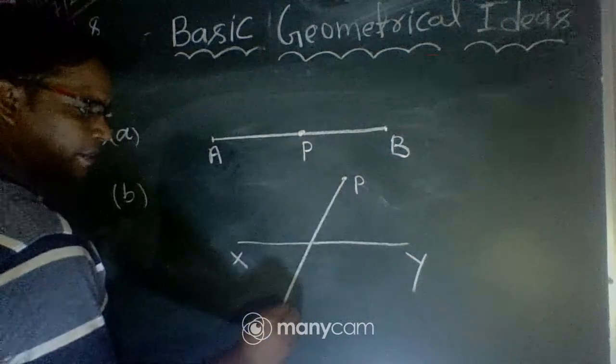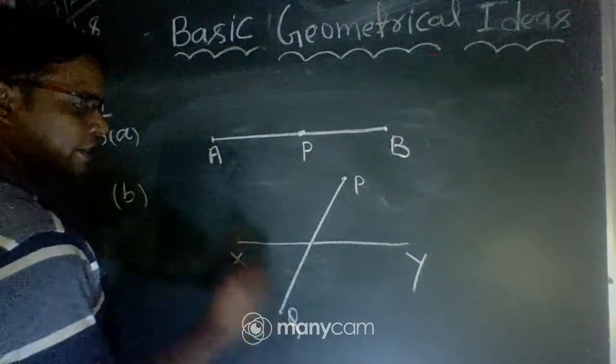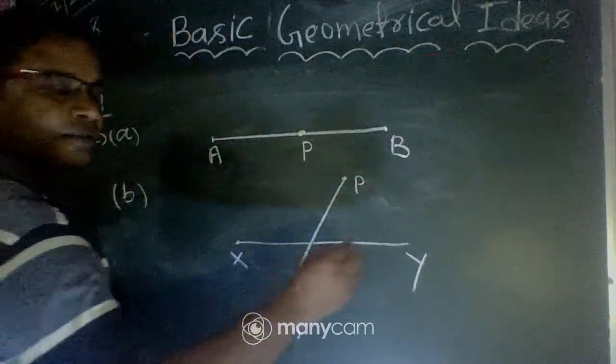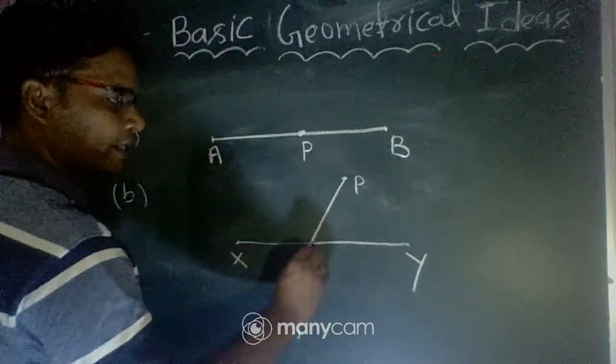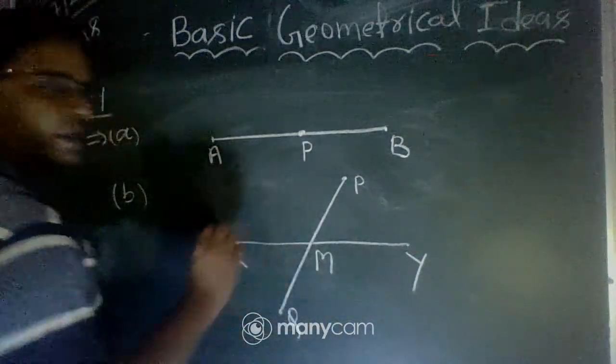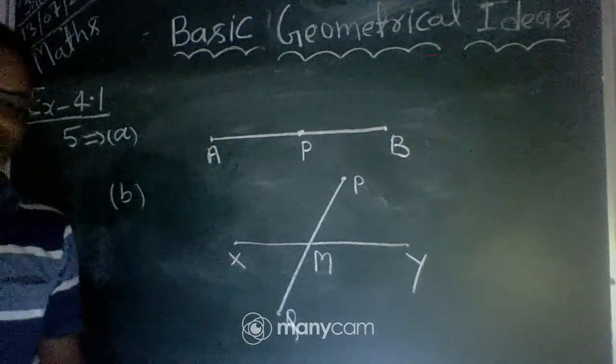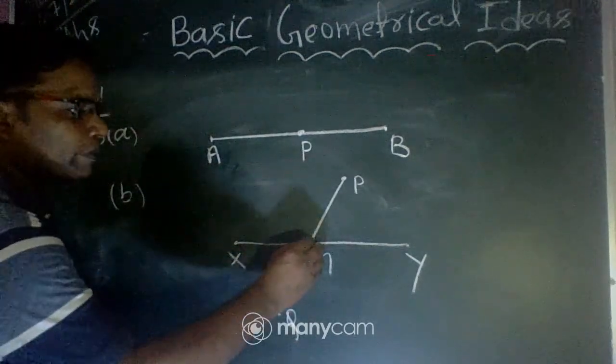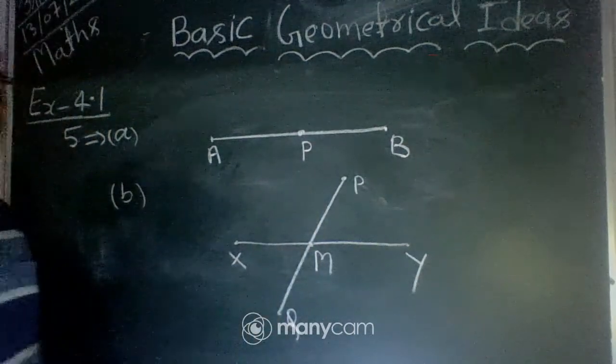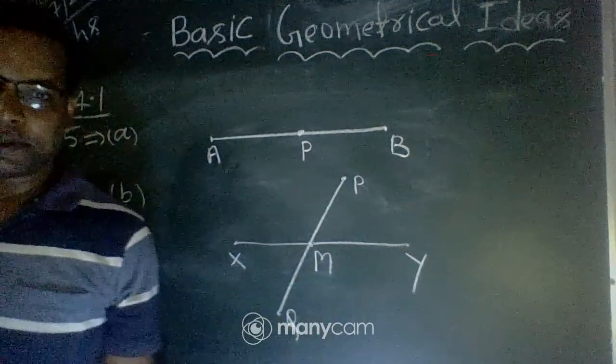They intersect at point M. Clear? Now, this is the intersection point of line segment PQ and line segment XY.